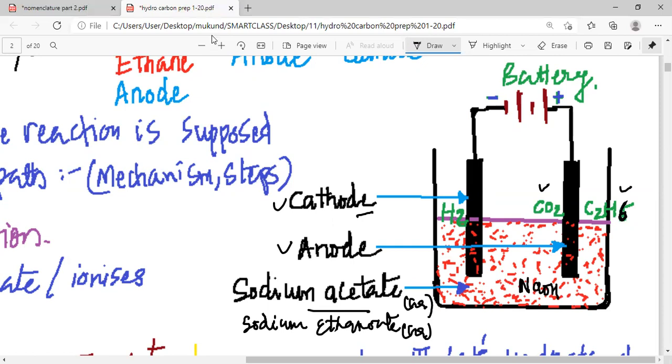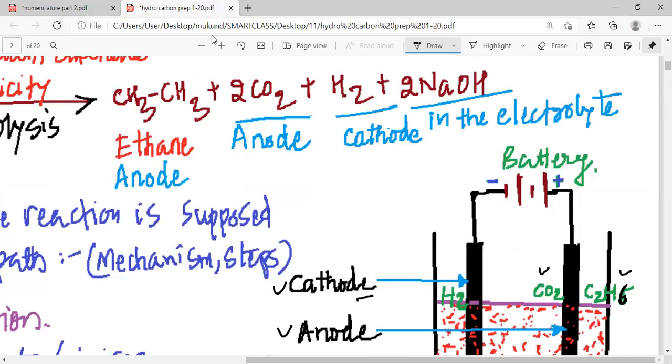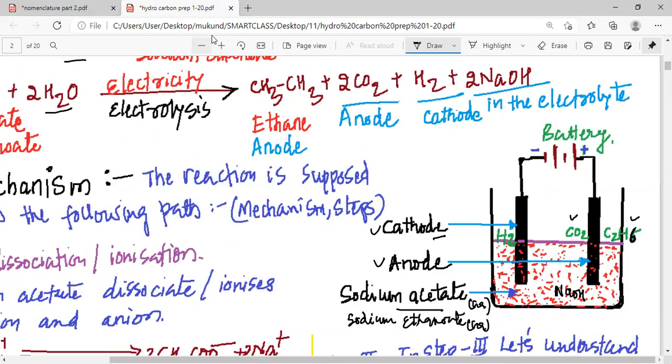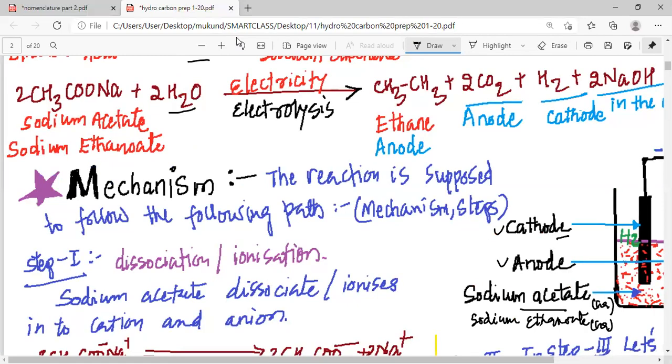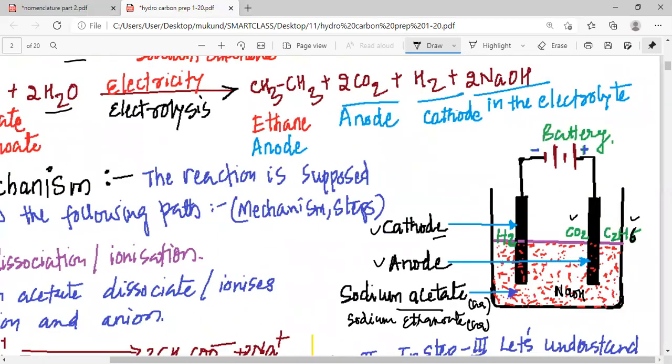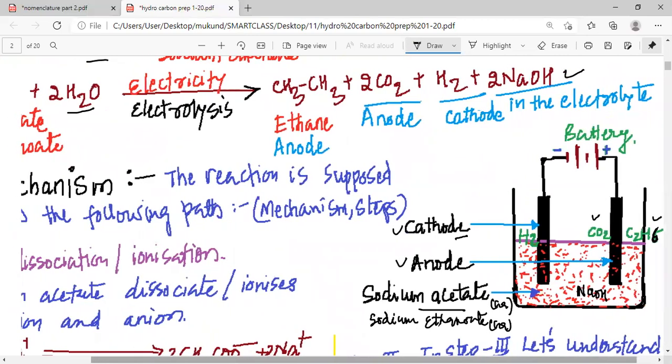So this is how we can see the chemical equation for this. Looking at the chemical equation, when we do the electrolysis of the aqueous solution of sodium ethanoate or sodium acetate, at the anode we get ethane and carbon dioxide gas, at the cathode we get hydrogen gas, and at the same time in the electrolytic solution we get sodium hydroxide.